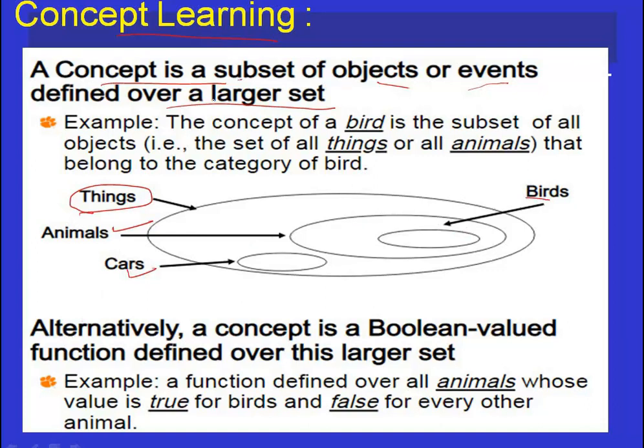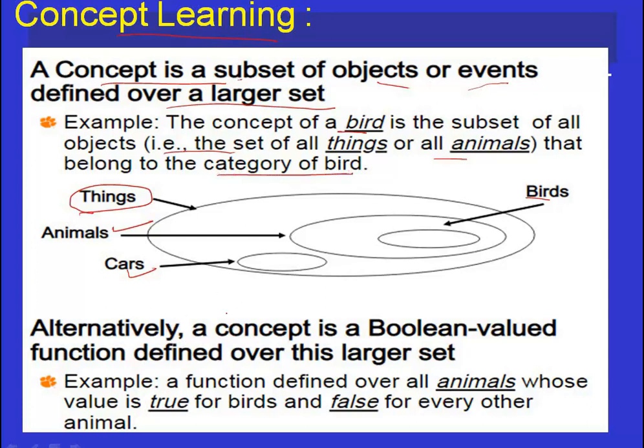So the concept of bird is a subset of all objects, that is the set of all things or all animals that belong to the category of bird. This is what concept learning is.